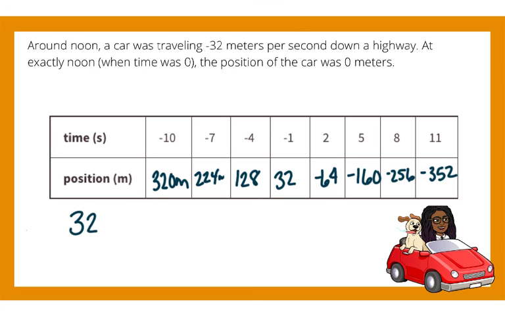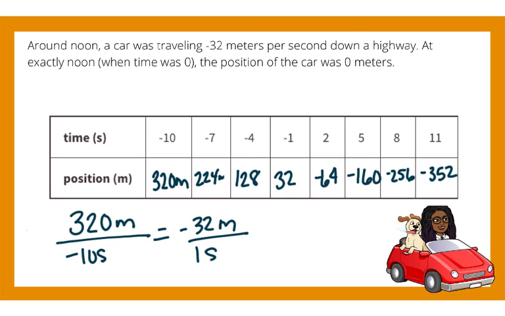I could take 320 meters and divide it by the negative 10 seconds, and I would get negative 32 meters per second. Okay. I could also do that if I knew the position and the velocity. I could calculate how much time had passed, or how much time before we reached that point that we labeled as 0.